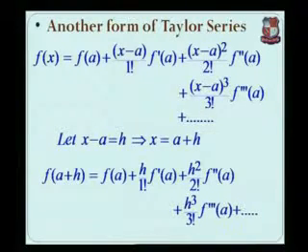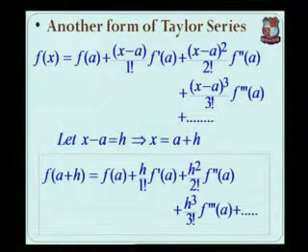So this is the new formula by the Taylor series expansion: f of a plus h is equal to f of a plus h upon 1 factorial f dash a plus h square by 2 factorial f double dash a plus h cube by 3 factorial f triple dash a.